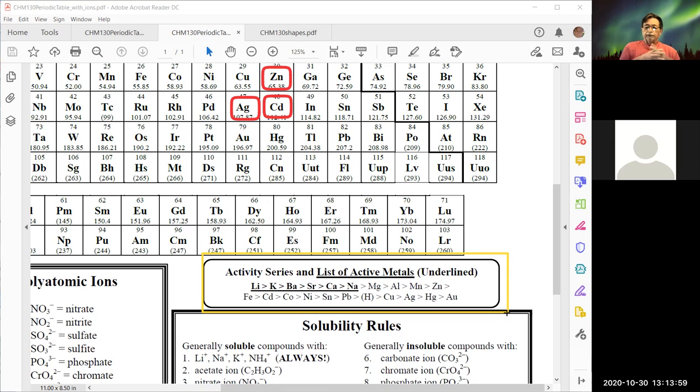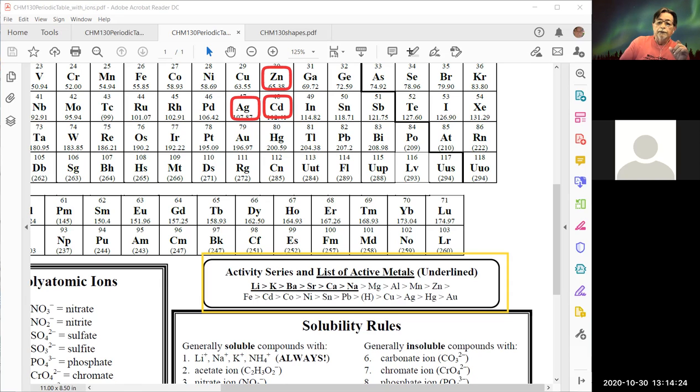I have no problem with you going out there and getting information as long as it's correct and good information. But if you use another example of a single replacement reaction other than the metals we deal with, that's fine. But tell us where you got it so we can verify. So here we have the activity series.